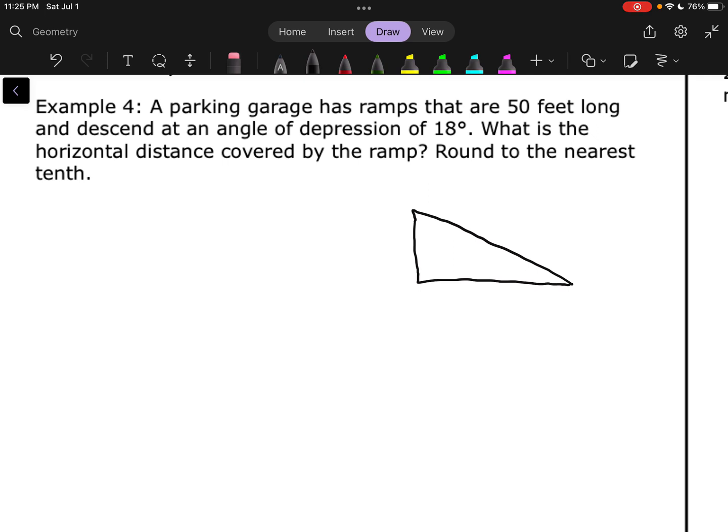So this car up at the top, if you were standing at the top and looking down, this would be your horizontal line. So the angle of depression is 18 degrees, and that goes right here.